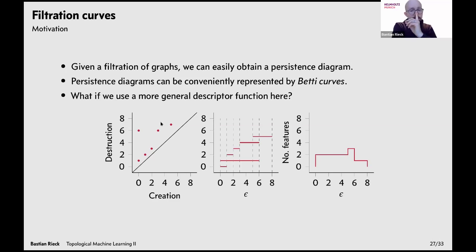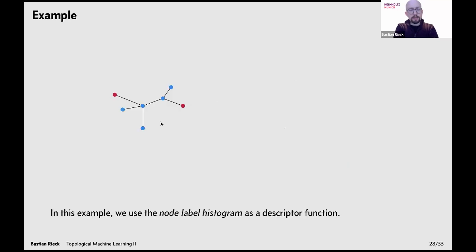But the other question for us was, what if we use a more general descriptor function here? So what if we don't just do the filtration and calculate persistent homology, but what if we actually evaluate some kind of other function alongside the filtration? And this led to the concept of what we call filtration curves.